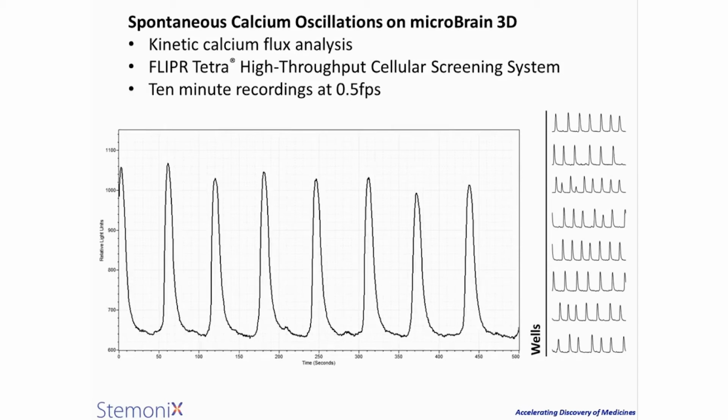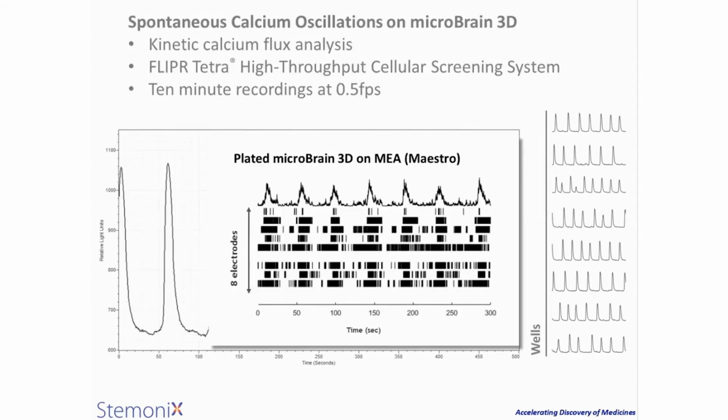We decided to test if this activity correlates with electrophysiology. So we plated some of these spheroids on multi-electrode arrays, and we observed a lot of these oscillations happening on the multi-electrode arrays as well. So this correlates with the number of oscillations that we measure on FLIPR.